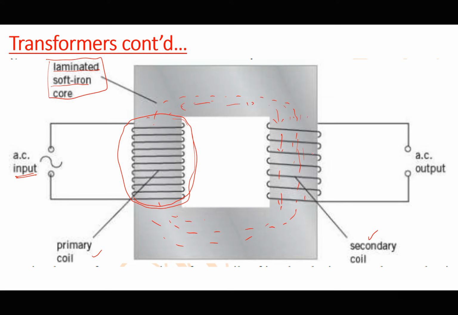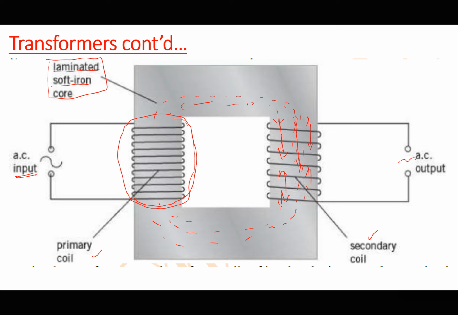By Faraday's law, as the changing magnetic field intercepts the secondary coil, an EMF is going to be induced. Because what was input was alternating, what we are going to output is also going to be alternating.